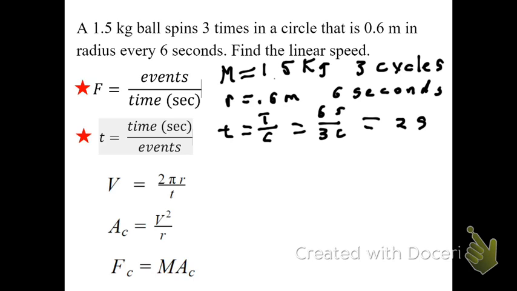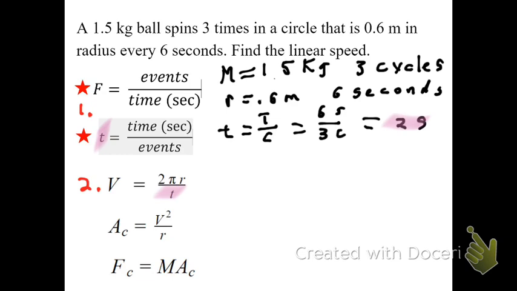So this number here is our T. Right? So we've already calculated that first. Now we're going to have to put that into our next equation. So that was step 1, and then this one is going to be step 2.